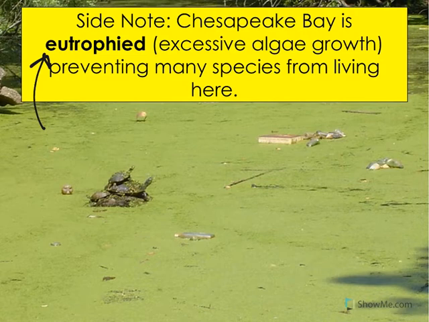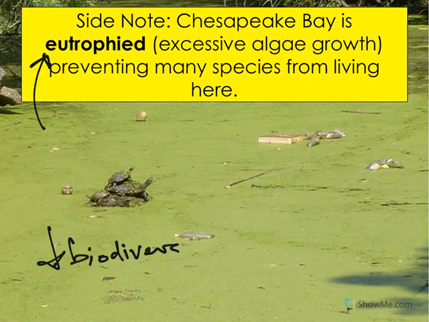And what we will keep coming back to in this course is this phenomenon correlates with a lower number of species in an area or a decrease in biodiversity. And also there's less available oxygen in this environment as well. So make note of this phenomenon, and we'll continue to take a look at eutrophication throughout this course.